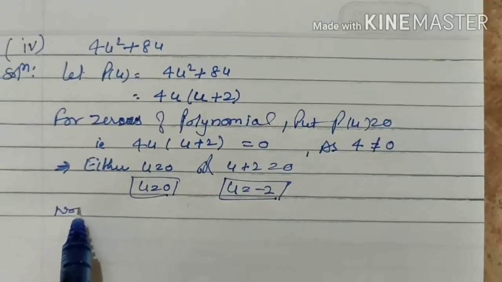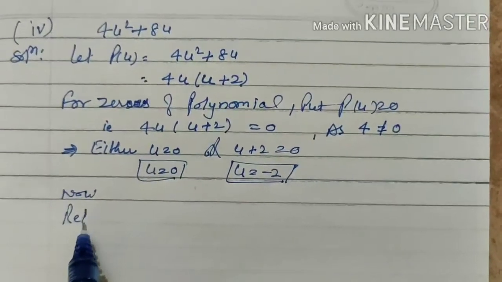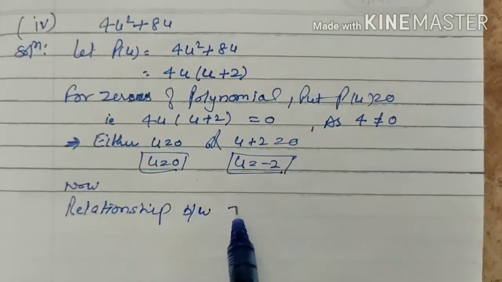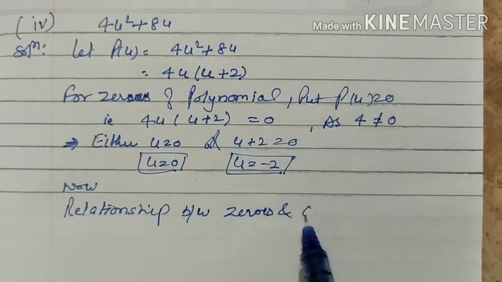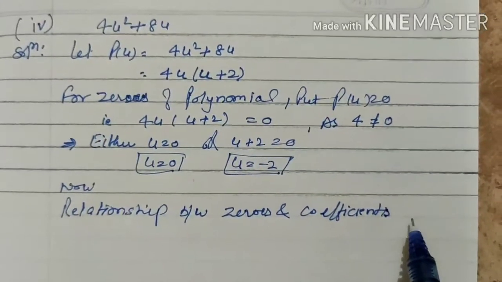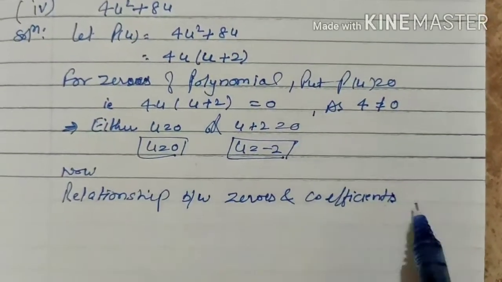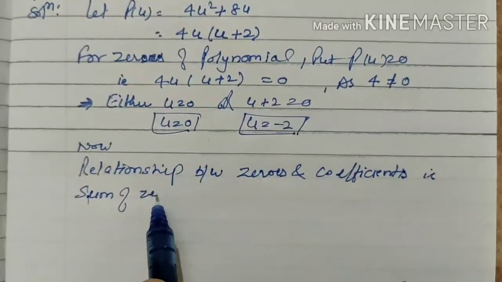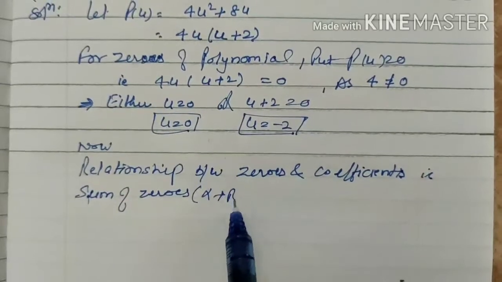Now the relationship between zeros and coefficients. First one is sum of zeros, that is alpha plus beta.